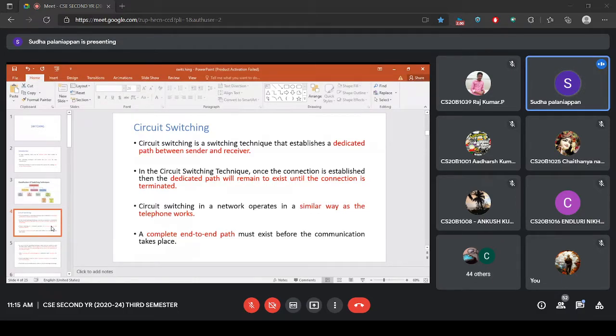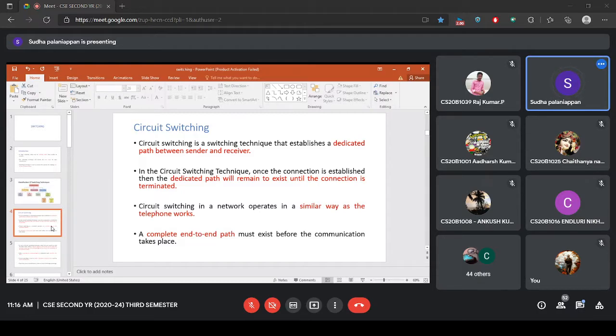As long as the data is forwarded, the path will be dedicated. Once we finish the data transfer, the path is closed. So in circuit switching, we have a dedicated path from the start till the end.